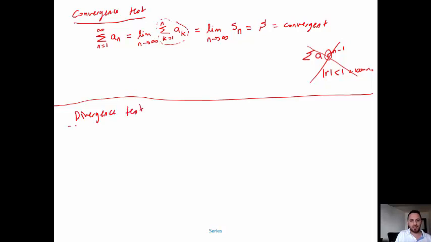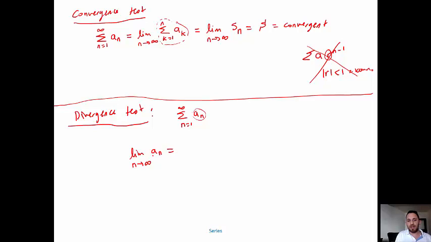And this test says that if you want to check whether a series converges or diverges, you just get the function a of n, or the series, okay, you find the limit as n goes to infinity of a of n.